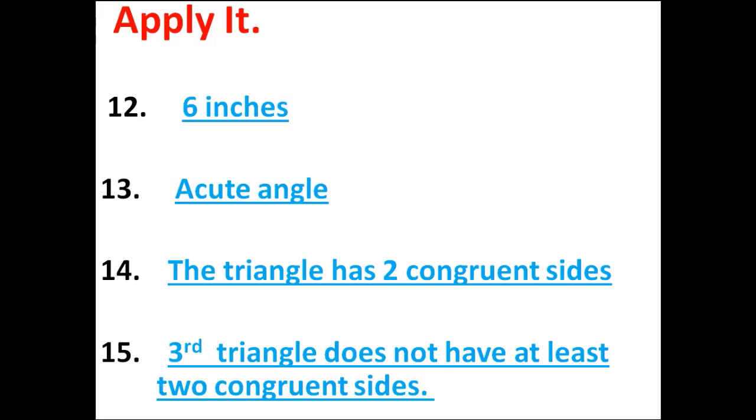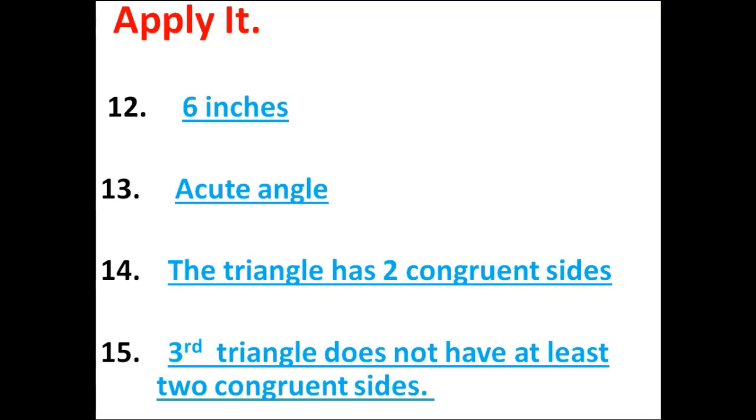We know that perimeter is the sum of three sides. So the perimeter of this triangle is 18 inches. It means three sides are equal. 6 inches plus 6 inches plus 6 inches is equal to 18 inches. So one side is 6 inches. In the given line we will write 6 inches.